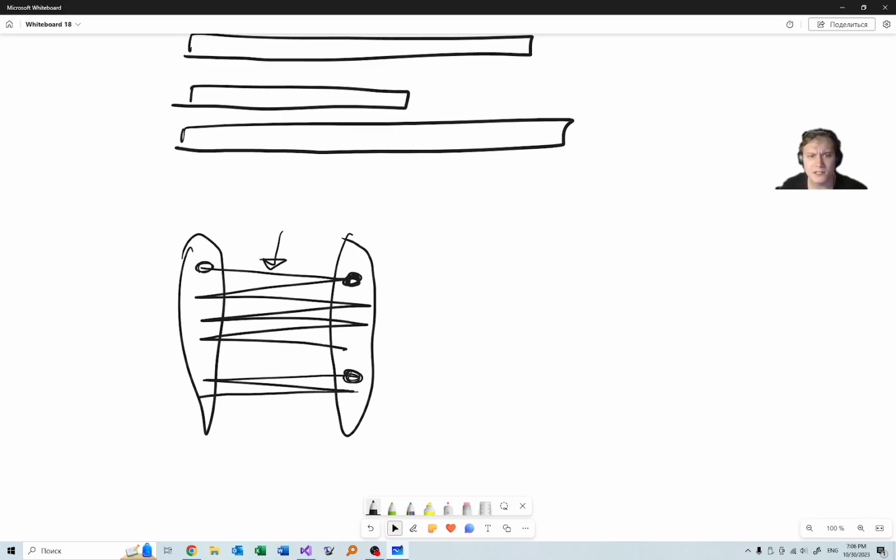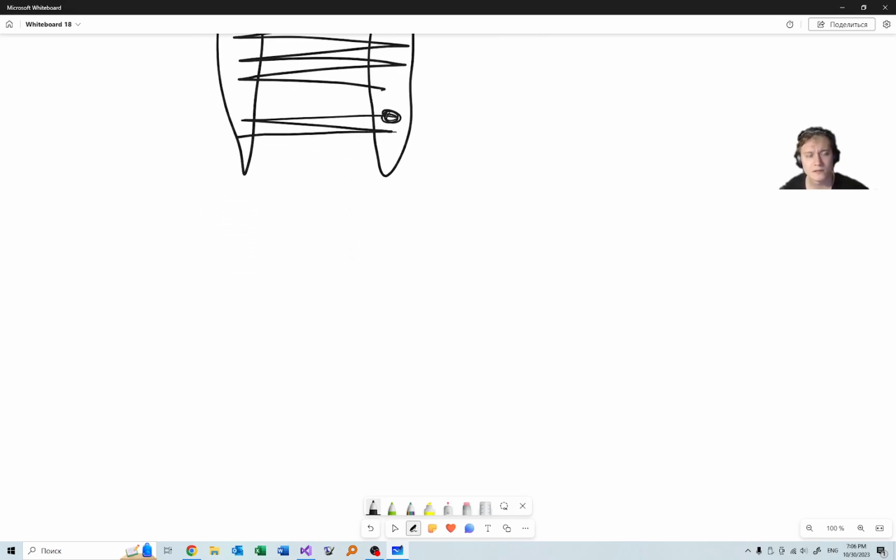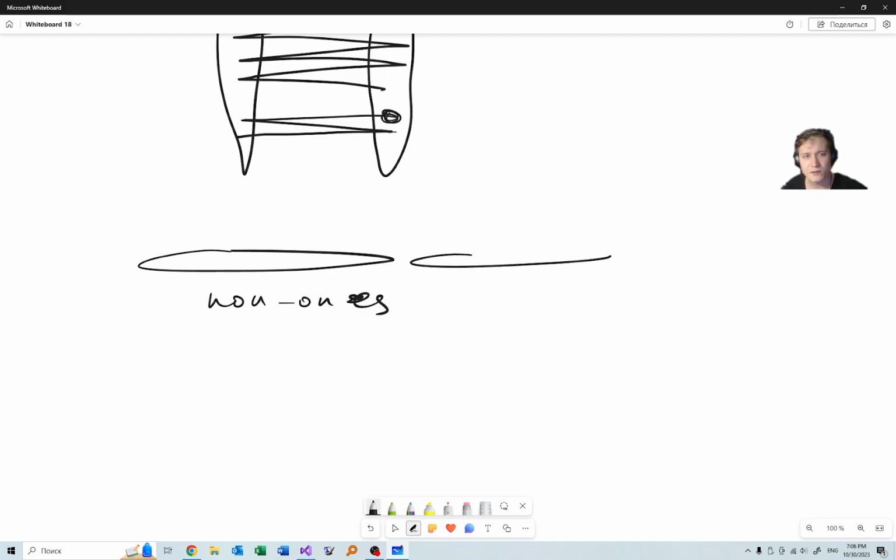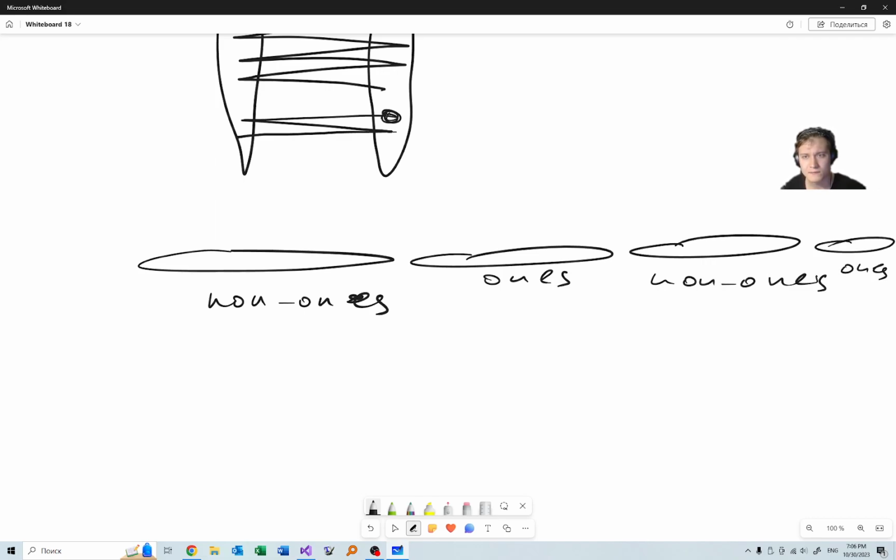Okay, so we can consider it as the following sequence. Several non-ones, then several ones, then again several non-ones, then several ones. So first of all, we just need to remove every second of these elements. This is what we need to do, because each of them gives us +2 to the answer.